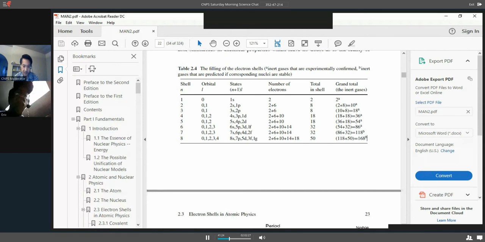Okay, well, going on with the data they're presenting here. This is the number of electrons in each of these shells. They're up to 8 shells, and they're showing the number of electrons in each shell. And they go up by particular numbers. So the first shell has 2, the second shell has 6, the next one has 10, the next one has 14, and the next one has 18.